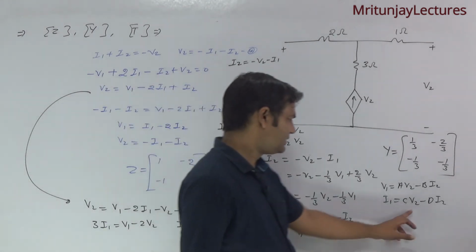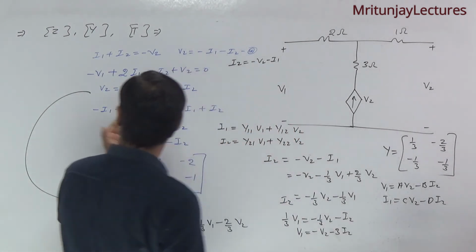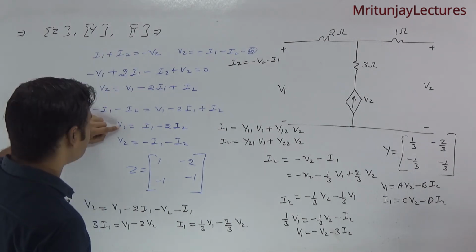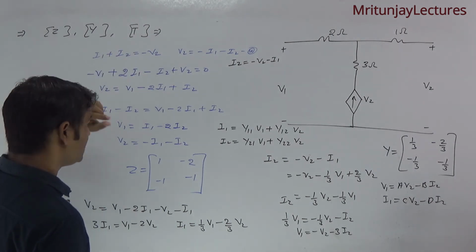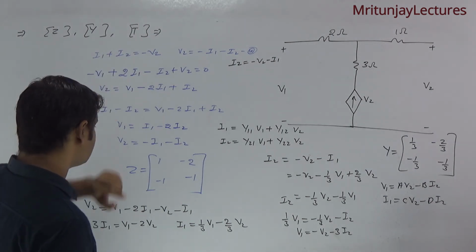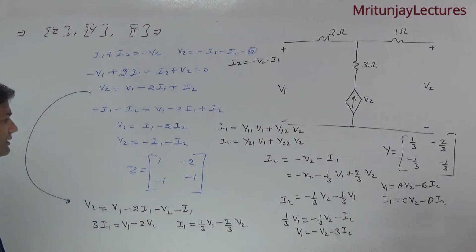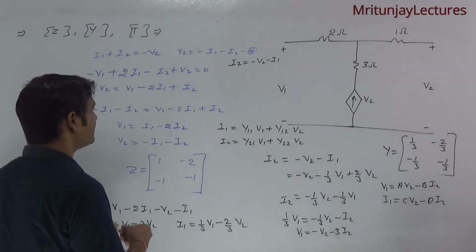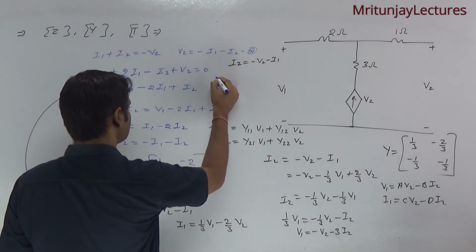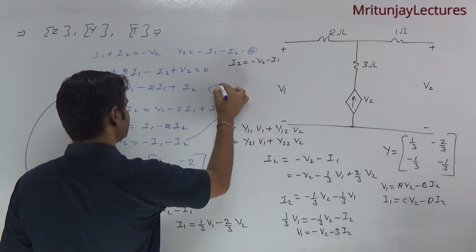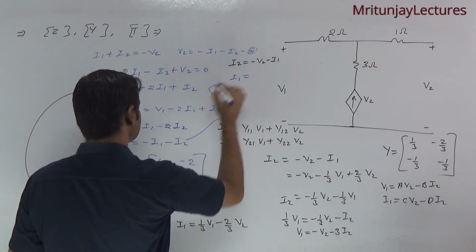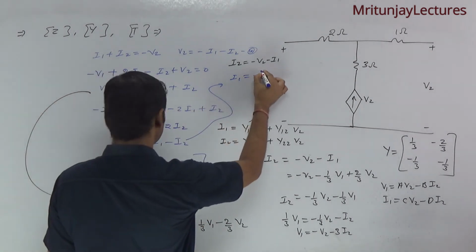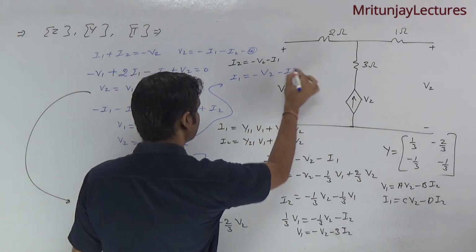Now next target, I1 in the terms of V2 I2. Same here, I1 is equal to minus V2 minus I2.